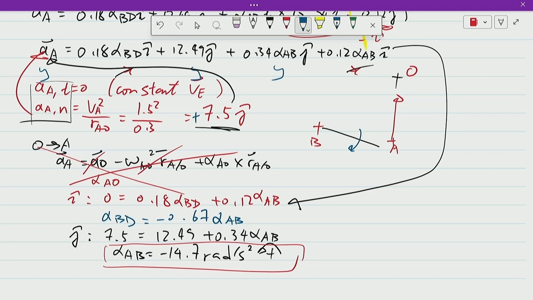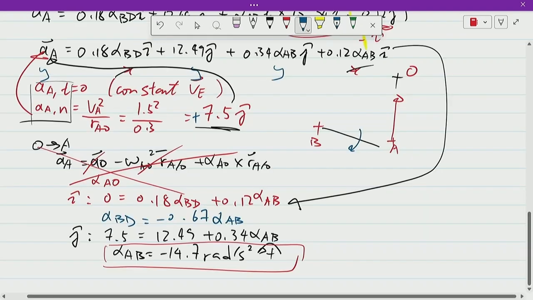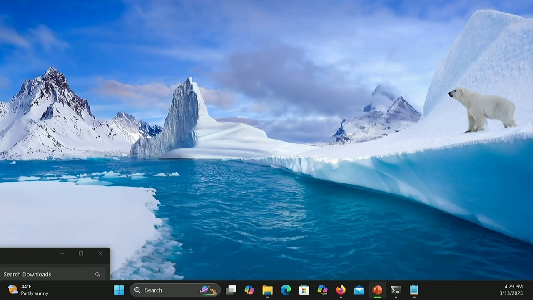Yep. How does it clip on? So yeah, it's a pretty weird looking mechanism. Like that?